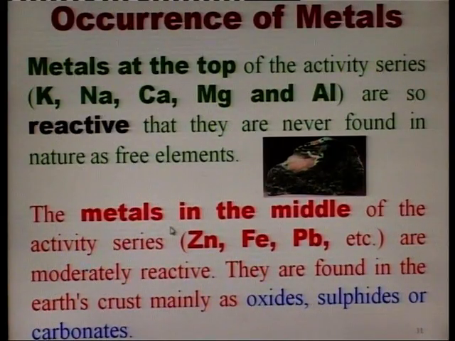The metals in the middle of the activity series like zinc, iron, and lead (Pb) are reactive. They are found in the Earth's crust as oxides, sulfides, or carbonates.